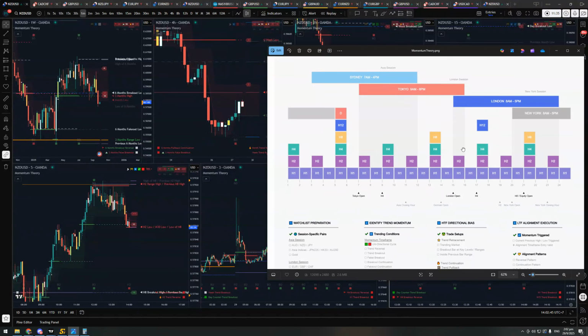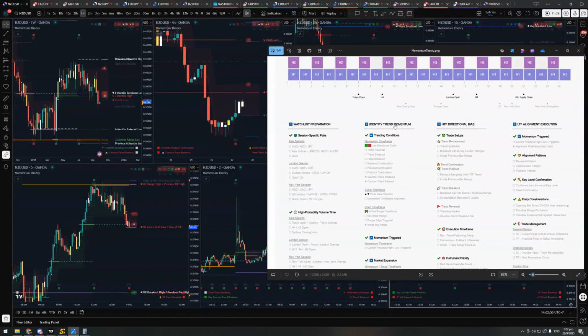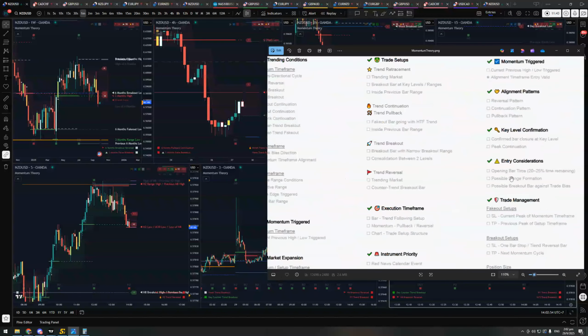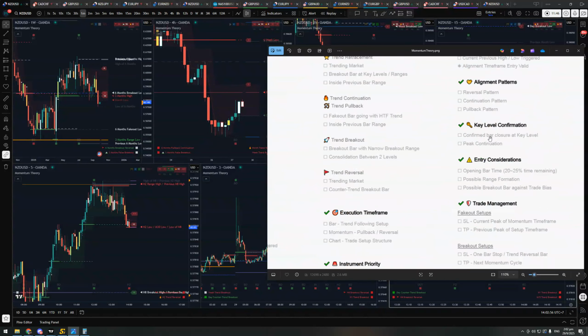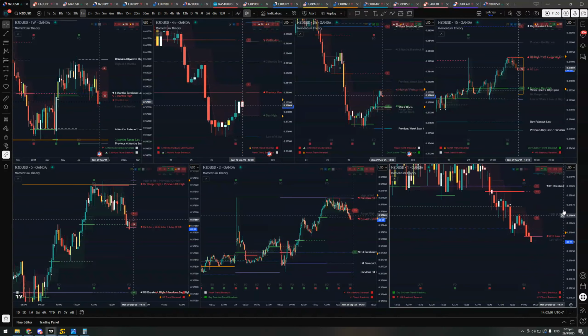So essentially, once I've identified my momentum, my watch list, and the setup, I want to see key level confirmation, a confirmed bar closure at the key level. So I just want to see this close below.